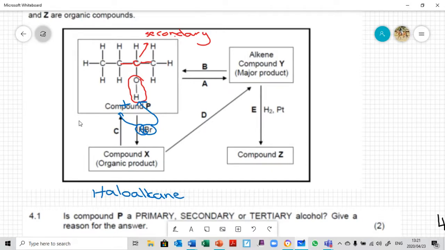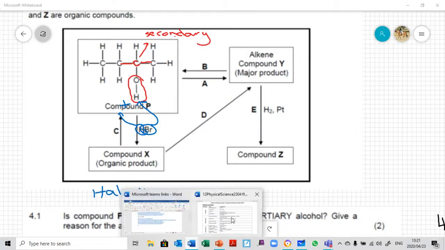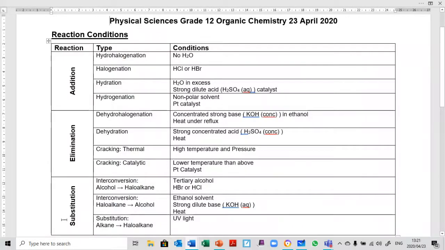Okay. So we've got the haloalkane and we substitute and we go back to the alcohol. It's a substitution and we go from a haloalkane to an alcohol. So we know that we have to have ethanol as a solvent and we need a strong but dilute base. We also need heat. Okay, so strong base, ethanol solvent, and heat.